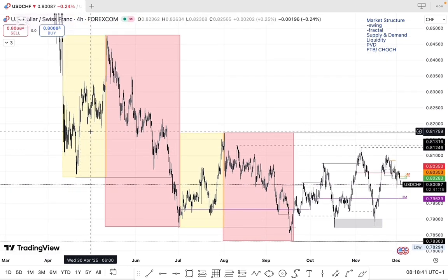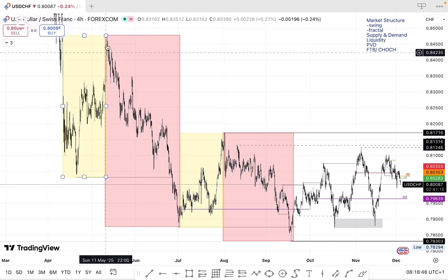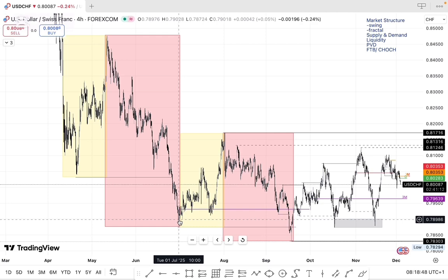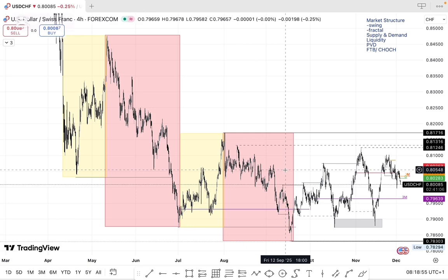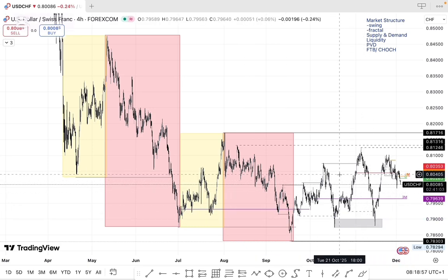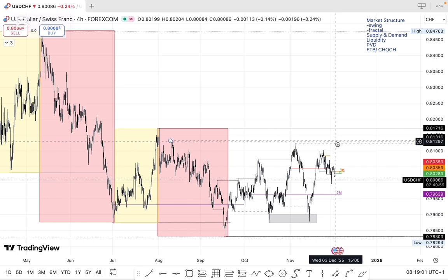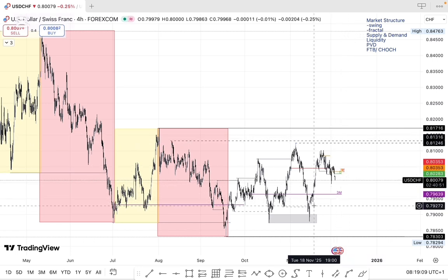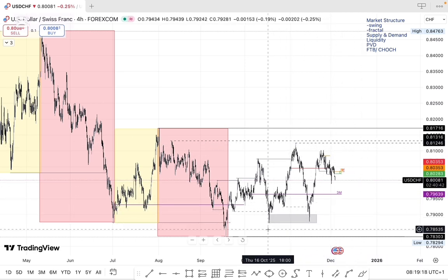We have our impulsive phase, our retracement phase, our correction phase, and this is our impulsive phase here. And again, this is our correction phase, and this is our impulsive phase. Presently we are in the correction phase, so I'm expecting price to maybe take this liquidity, taking this high here as our liquidity sweep, then from there we'll start seeing lows, because this high here didn't take this low.